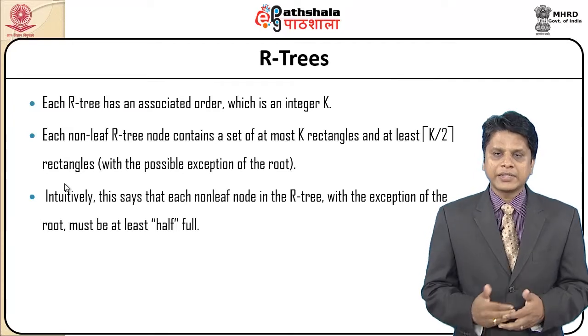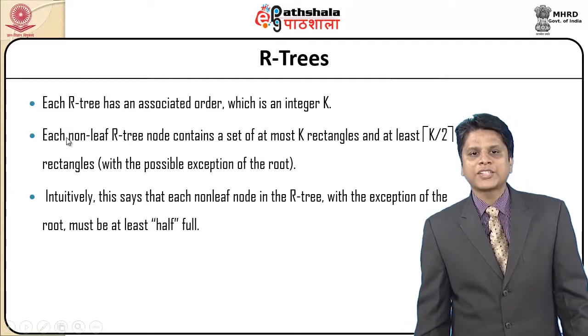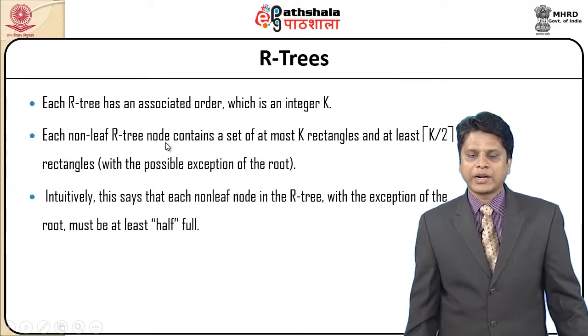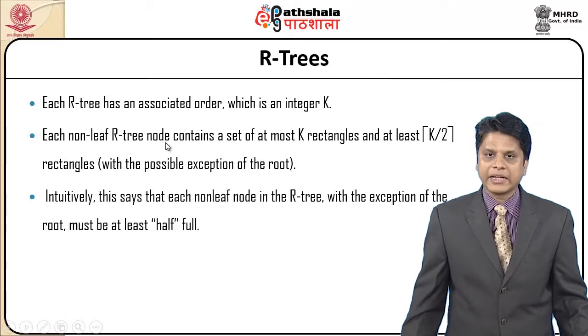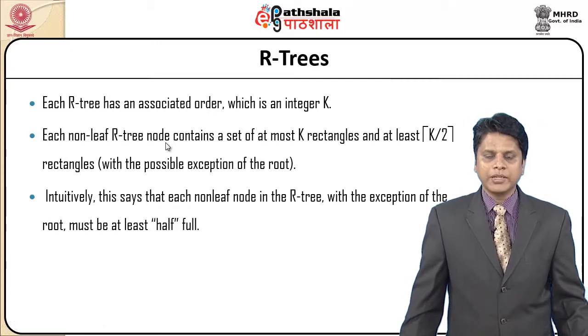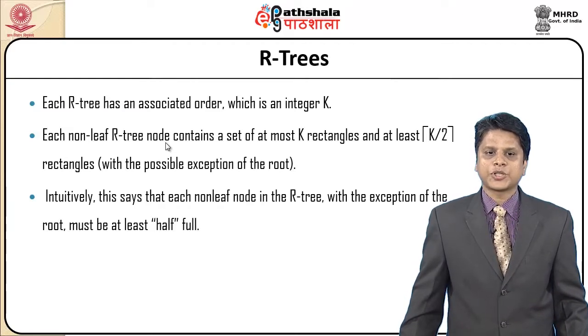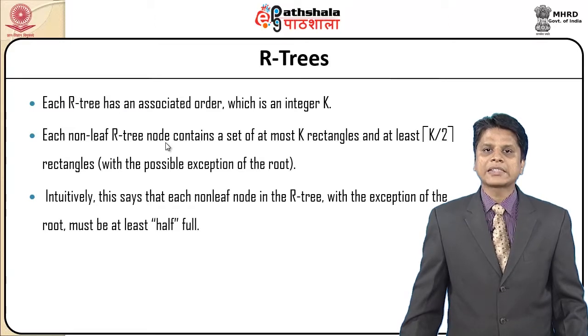Each R tree will have an integer k. Each non-leaf R tree node contains a set of at most k rectangles and at least k/2 rectangles. Intuitively, this says that each non-leaf node in an R tree, with the exception of the root, must be at least half full.